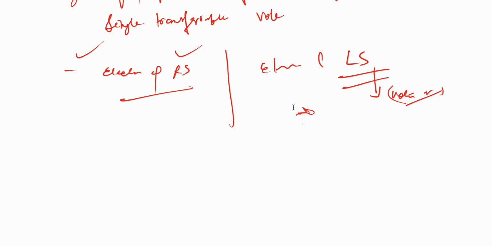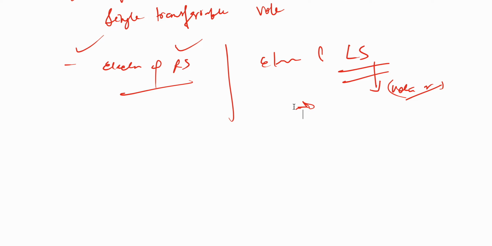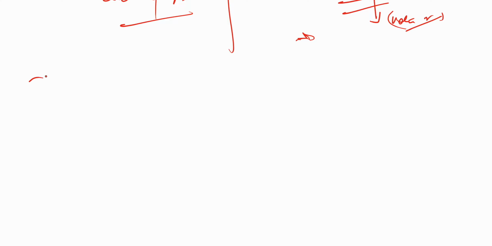The term of vice president is 5 years. He may resign from his office before the expiry of the normal term. All of you know this thing. He may also be removed by a resolution of Rajya Sabha. How? Again, I'll repeat. This is a little bit important.